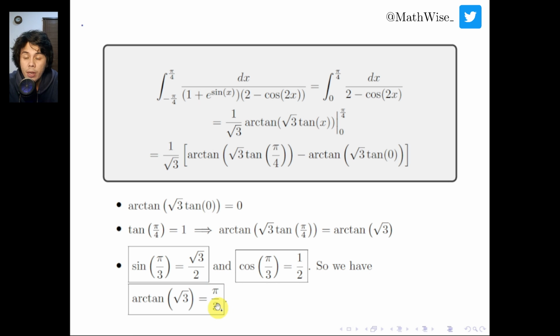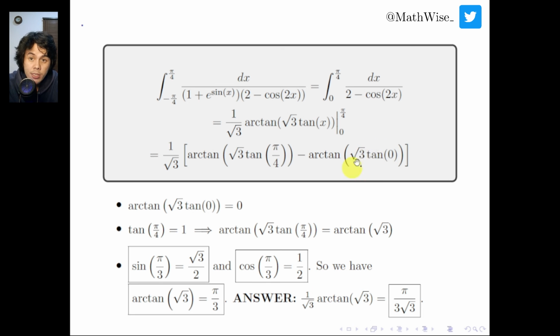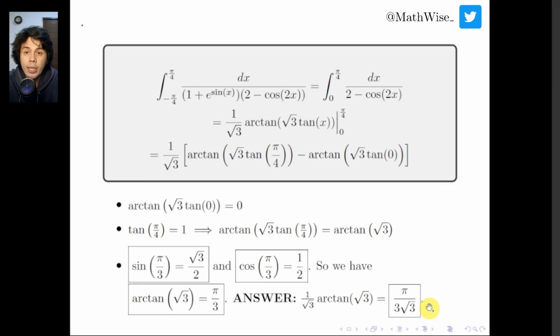And so we are done. The answer is 1 over square root of 3 times tangent inverse of square root of 3, because all of this is 0, right? And this is 1. And that is exactly pi over 3 times square root of 3. So this is the final answer of this JEE problem.